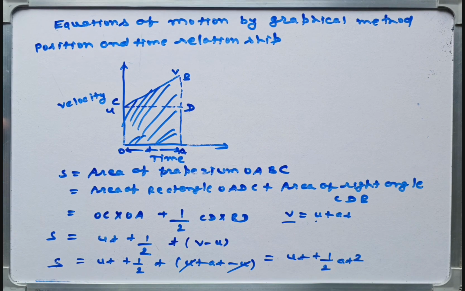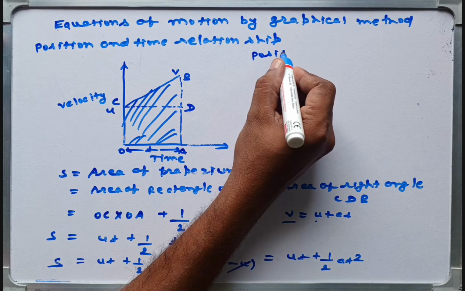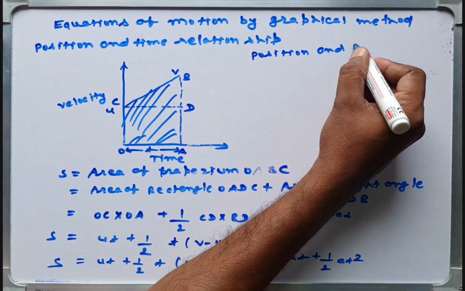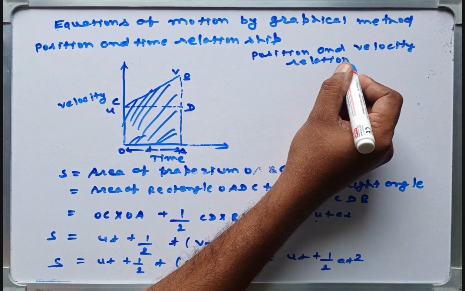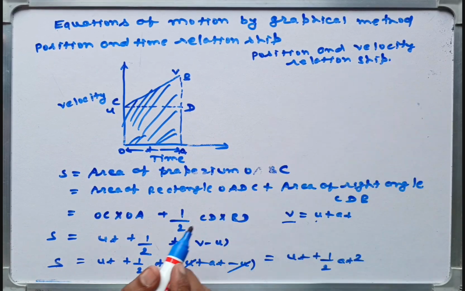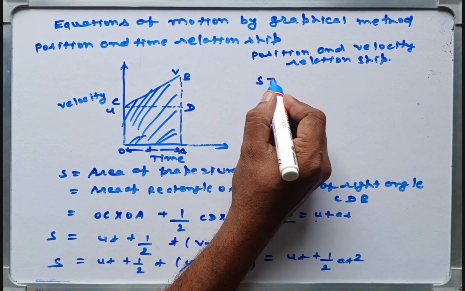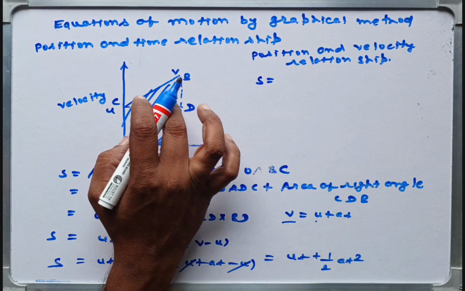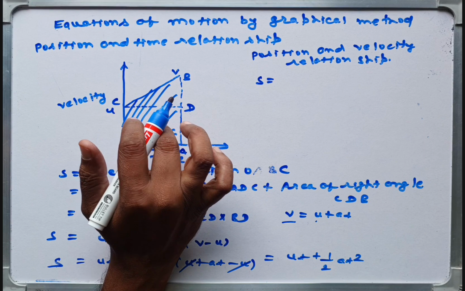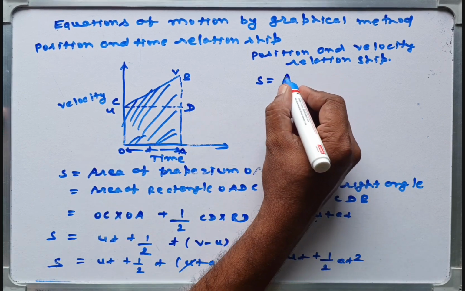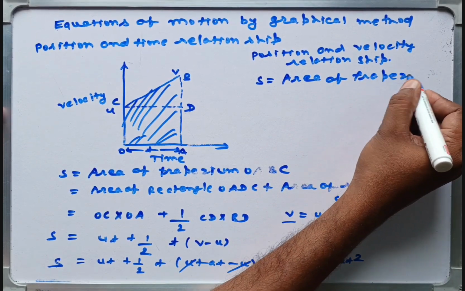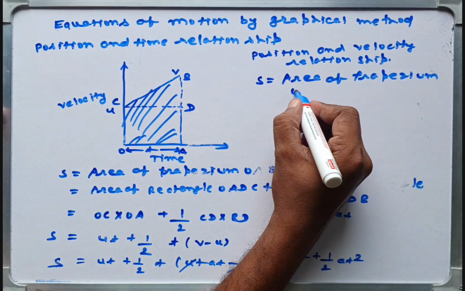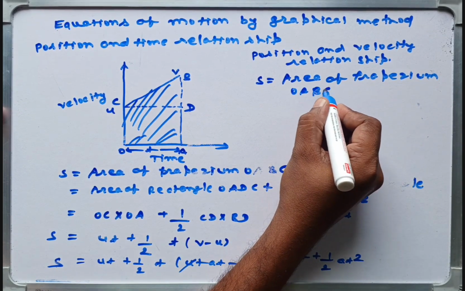Now the next one is the position and velocity relationship. What does this mean? If S is the area under this graph, it is equal to the area of the trapezium OABC.